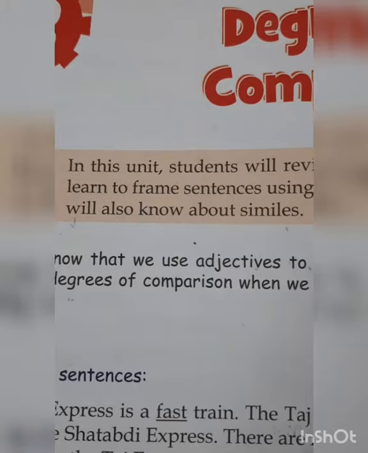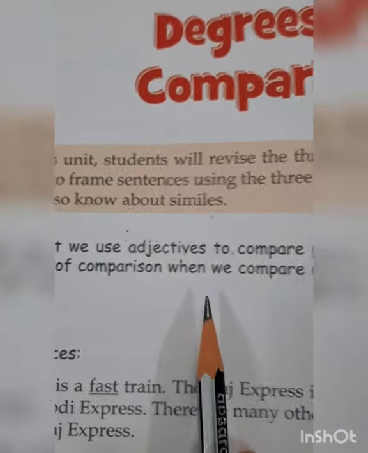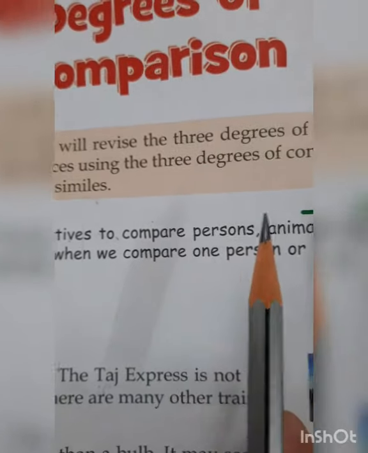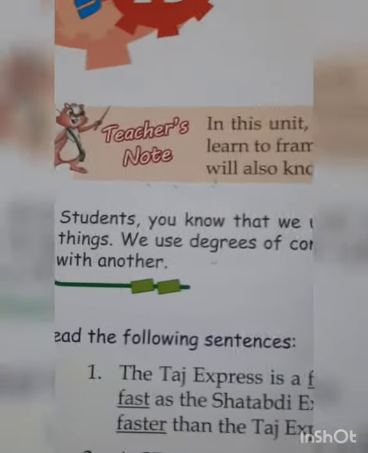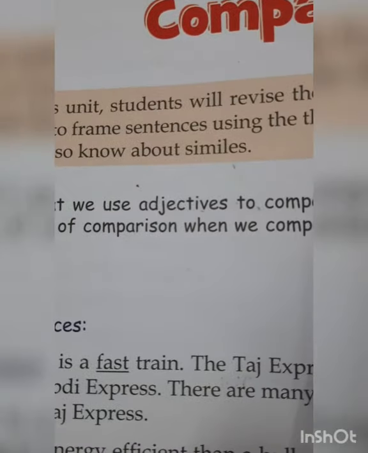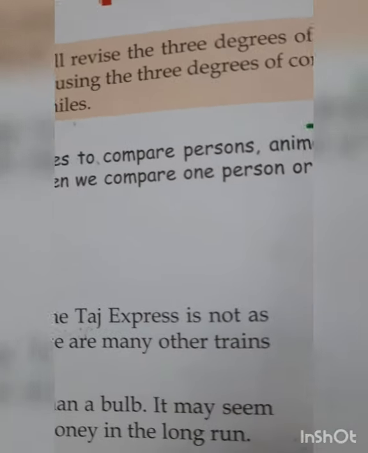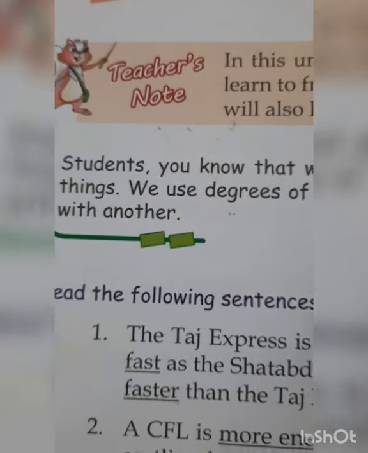Now, you all know that we use adjectives to compare persons, animals, or things. We use degrees of comparison when we compare one person or thing to another or with another.